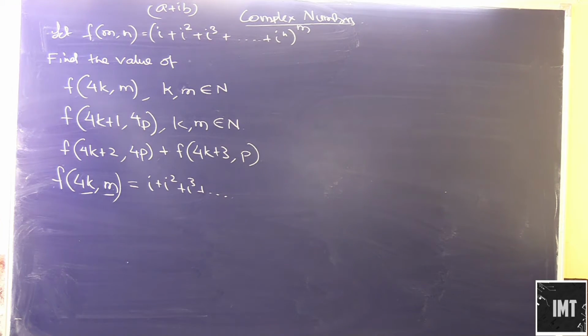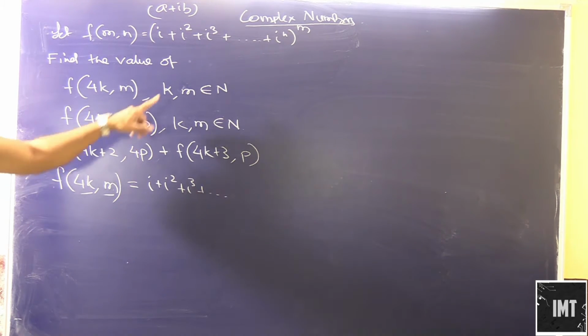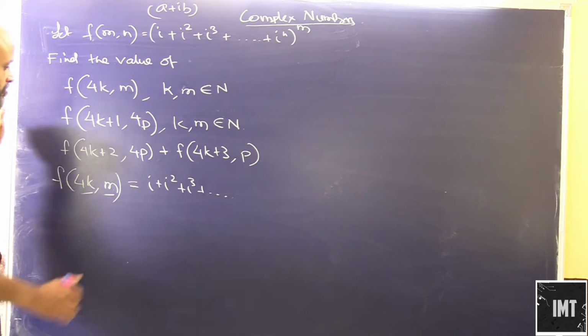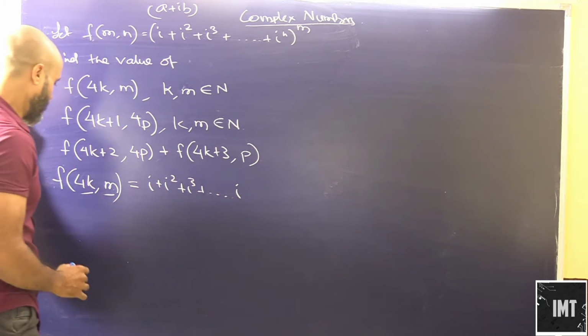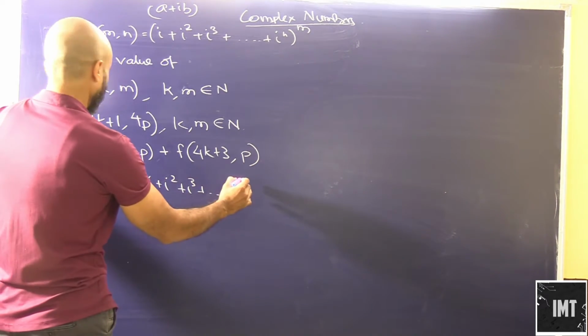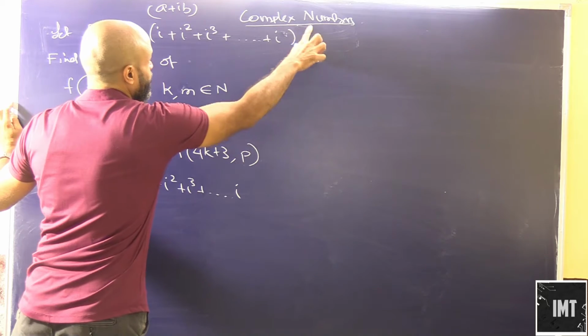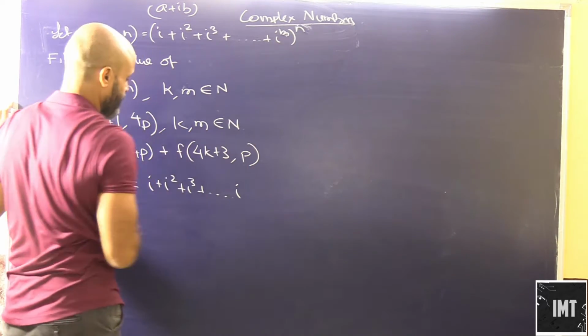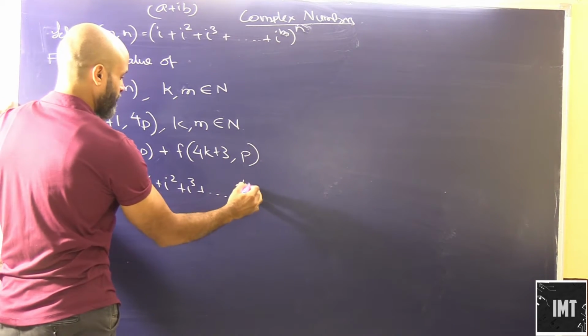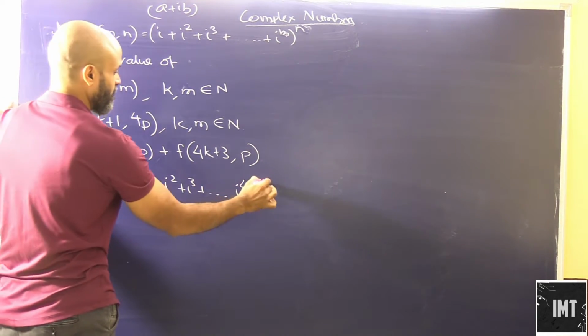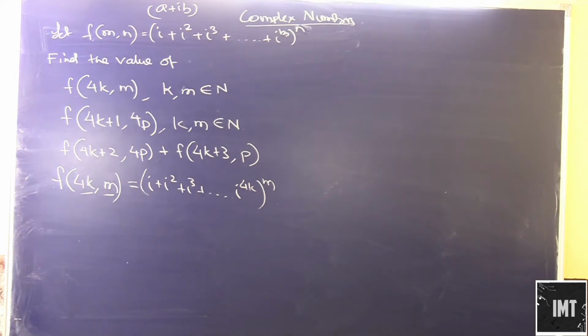Is it n or m? Maybe I have written it wrong. Okay, so here we have till i to the power of, this is m and this is n. So this will be 4k, to the power of n.